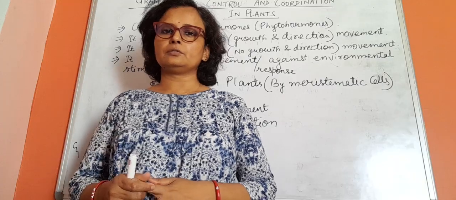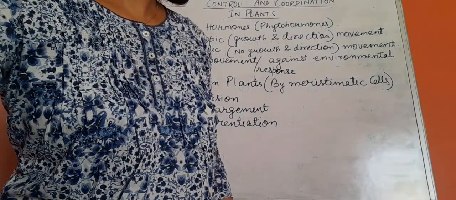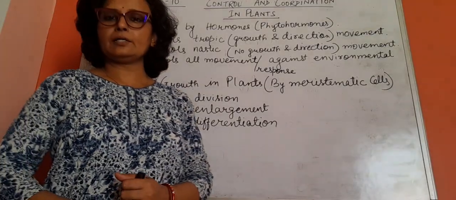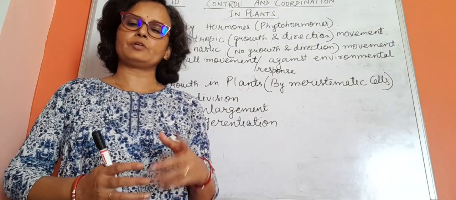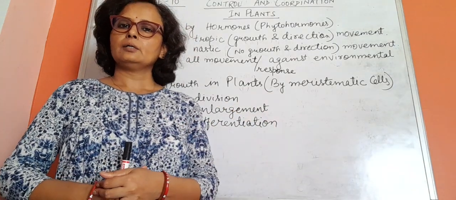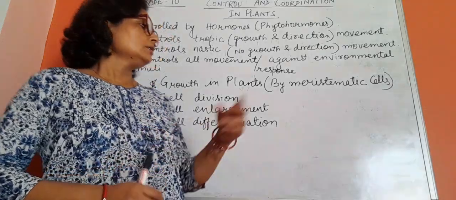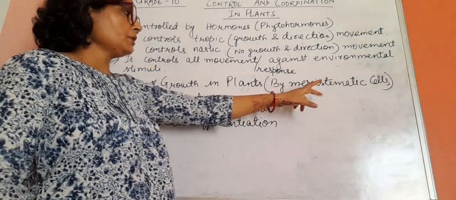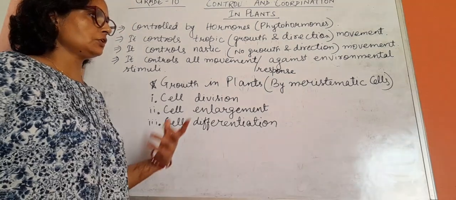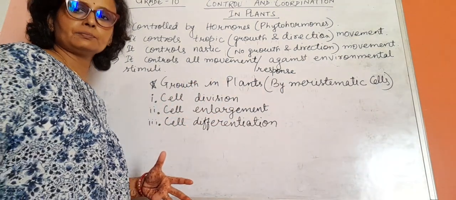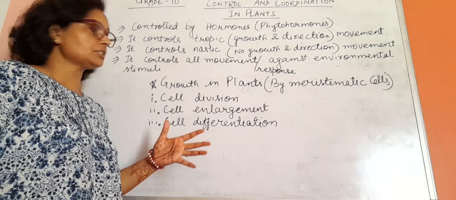And for the thickness of the plant, for increasing the girth of the plant, there is another type of meristem. That is called lateral meristem. So apical, intercalary and lateral meristems are there for the growth of the plant, for thickness, for enlargement, for height increase, everything.